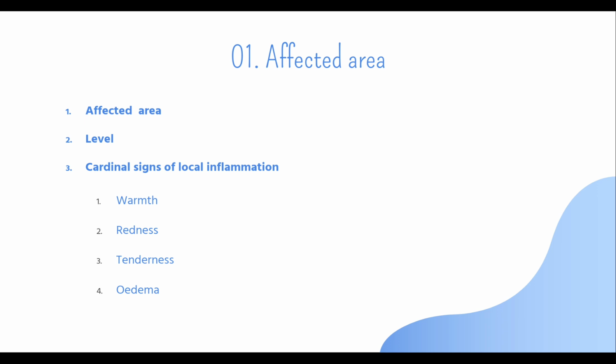For edema, you have to check whether it is pitting or non-pitting, because our differential can change according to the type of edema. When we complete the local examination, we have to go for regional lymphadenopathy. So we have to examine the regional inguinal lymph nodes.